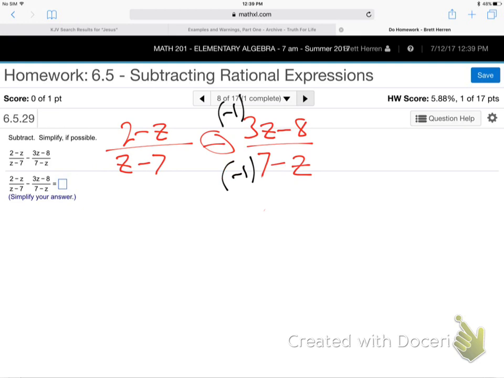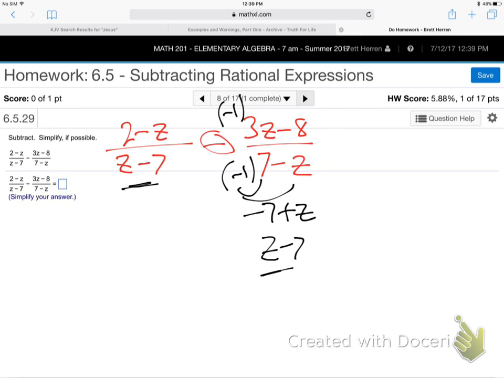Don't write this down, I'm going to show you a trick, but isn't this what we used to do? Minus 7 plus z, which is the same as z minus 7. That would turn it around, right? Multiplying by that minus 1, top and bottom, the minus on the bottom would turn around that denominator so that it matched the other. Then they'd be common and we could finish. Right?